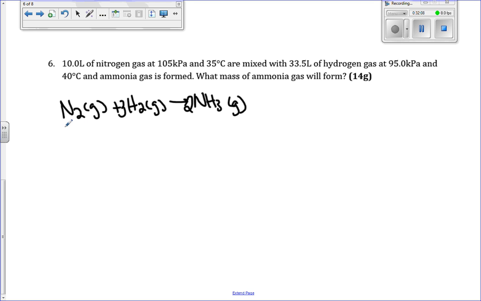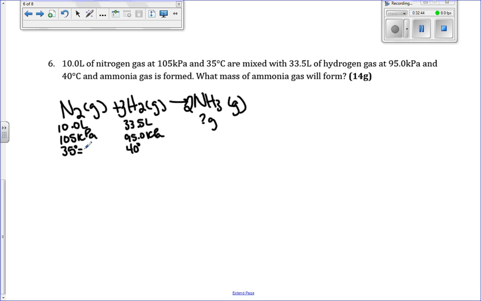The next step is to write down all of our given information. We have 10 liters of nitrogen gas at 105 kPa and 35 degrees Celsius mixed with 33.5 liters at 95 kPa and 40 degrees Celsius, and it's asking us for the mass of ammonia. First things first, let's do some temperature conversion.